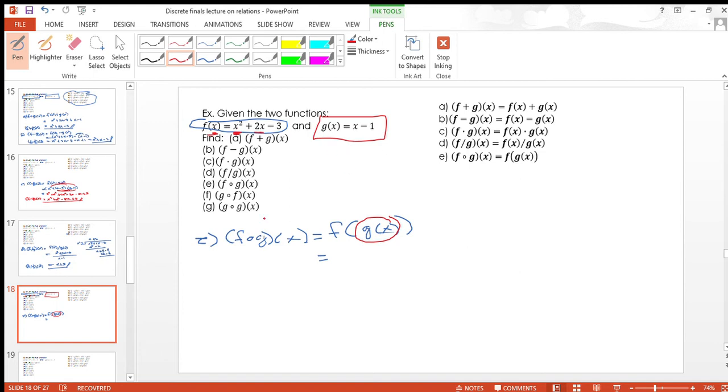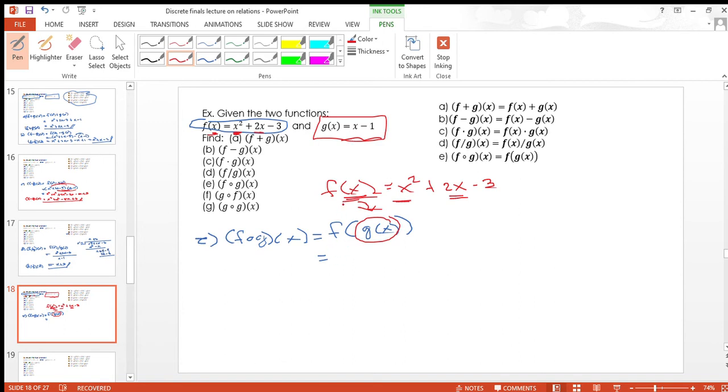Remember, ang f of x is x squared plus 2x minus 3. So, itong x na to, gagawin nating g of x, and ang g of x natin is x minus 1. Therefore, each x that we have here will now be replaced by x minus 1.